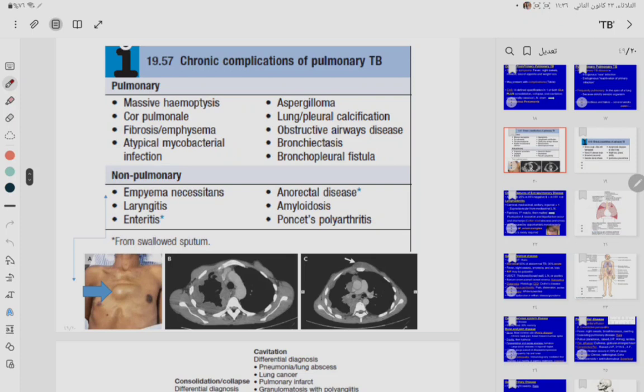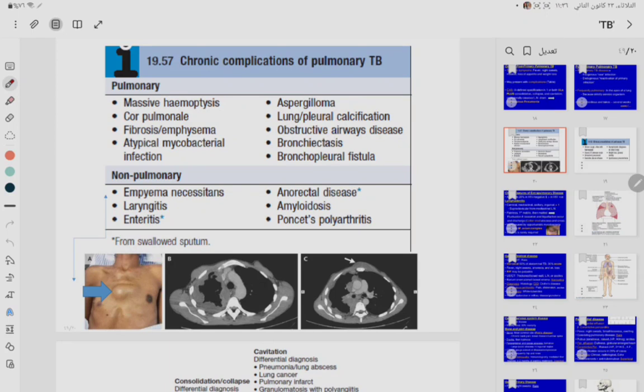Chronic complication: massive hemoptysis, if there is cavitation and erosion of the underlying bronchial artery, so they might present with massive hemoptysis, which will be a very late presentation. Cor pulmonale, fibrosis, emphysema, atypical mycobacterial infection, aspergilloma, where there is a cavity from another cause, whether TB, an old infection, or sometimes severe staph pneumonia, Panton-Valentine toxin secreting staph, which might leave cavitations.